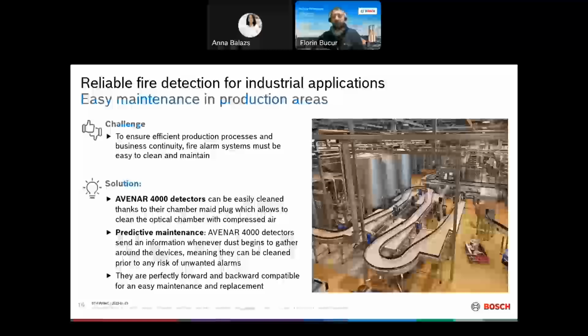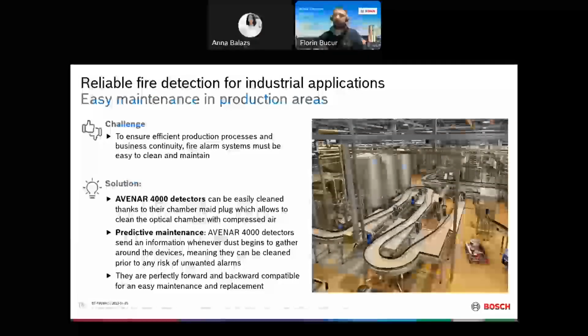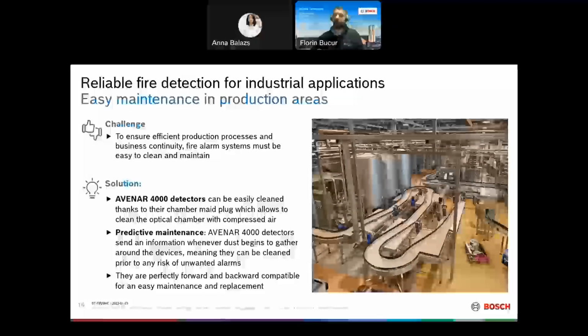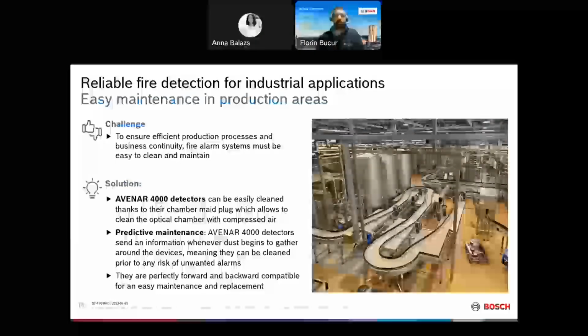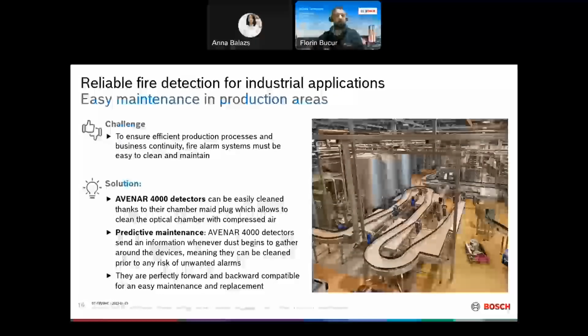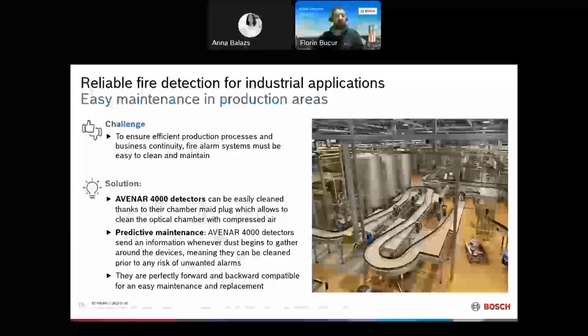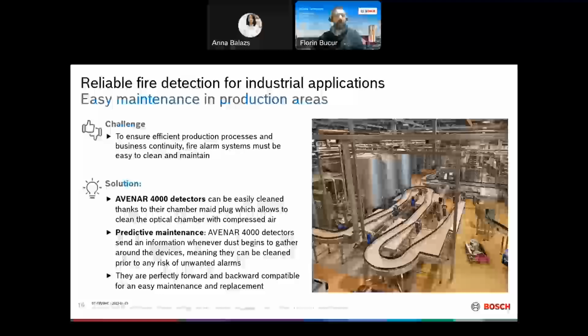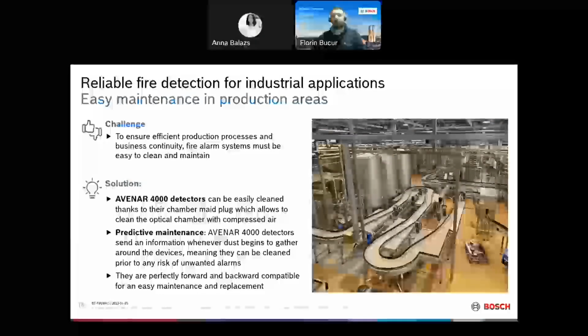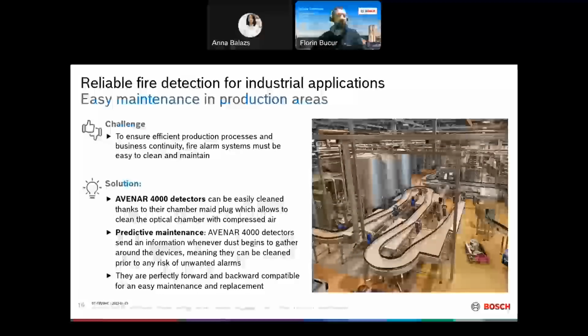There's a plug that you can connect the compressed air device to, which will clean the detector, and then you can continue to use it with minimum intervention. Also, do not forget, we have the virtual chamber detector that doesn't need that much maintenance. It just needs to be wiped, but I'll come back to this in a second.